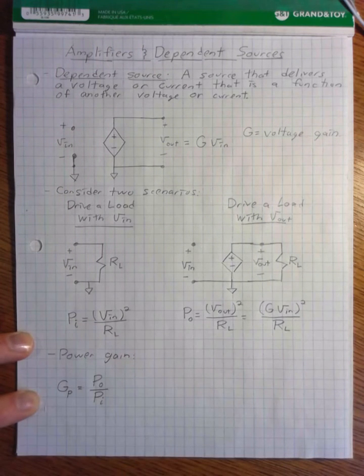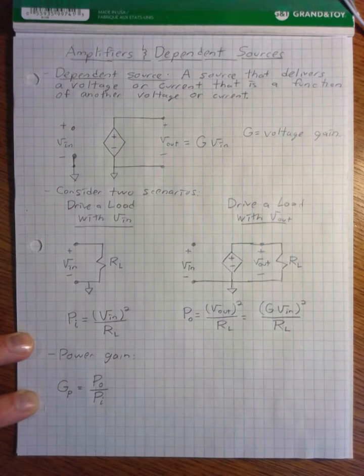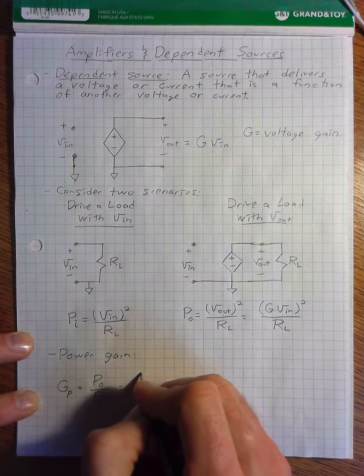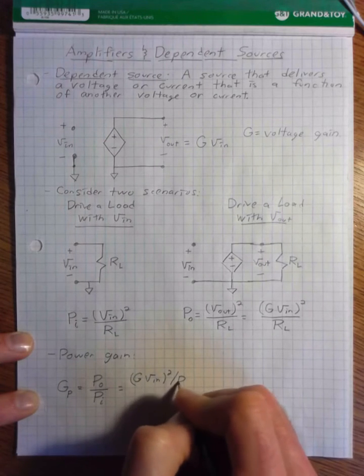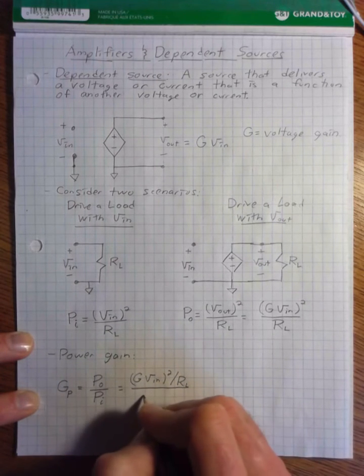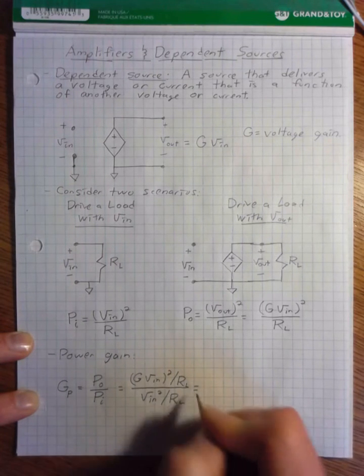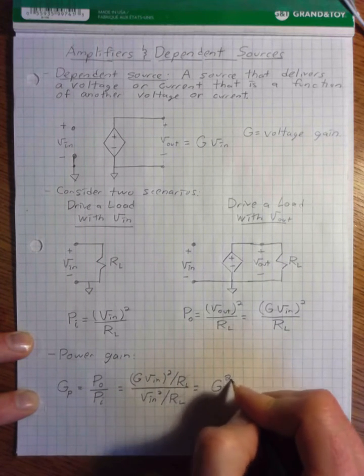It's basically the fraction of increase we see in the power delivered to our load thanks to incorporating our dependent voltage source or our amplifier. If we put in our equation, this is G V in squared divided by RL over V in squared divided by RL. RL cancels, V in squared cancels, and we end up just getting G squared.